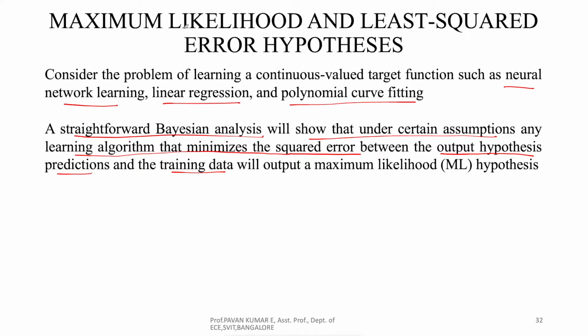So what is this? It is concentrating on minimizing the squared error between your output hypothesis prediction and the training data, which gives you a maximum likelihood hypothesis. Okay, maximum likelihood hypothesis.